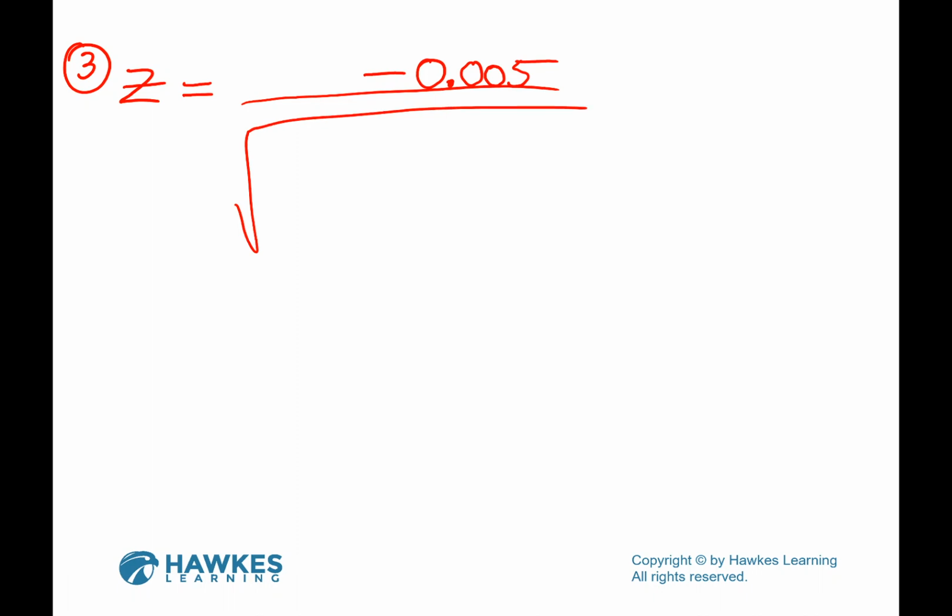I'll go ahead and fill it in. So we need p hat, sample proportion, and we need n, the sample size. All we're missing.